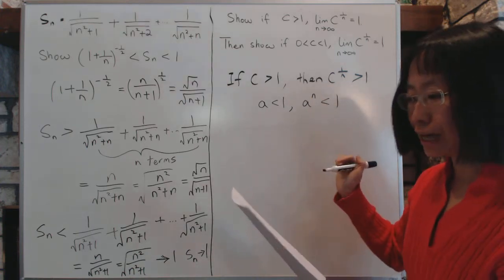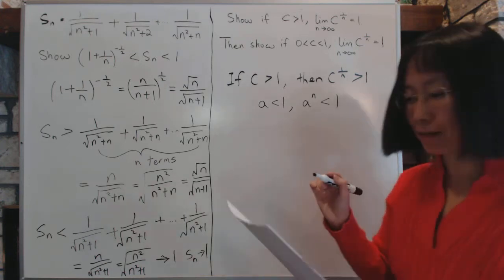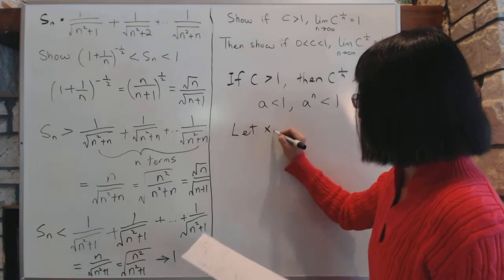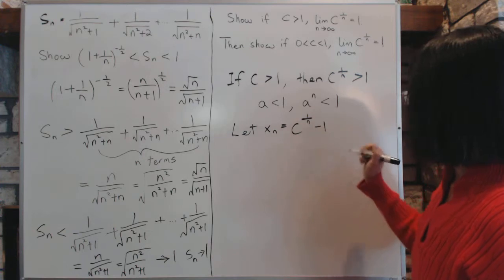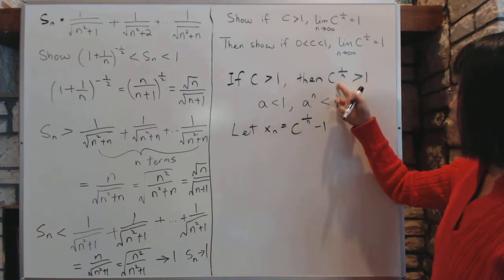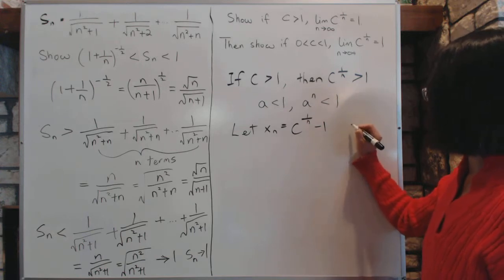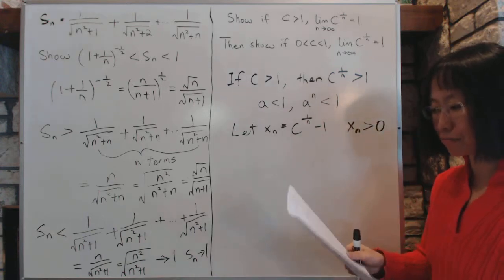Okay, so here's the trick that we pull. We let xn equal c to the power 1 over n minus 1. And notice that because c to the power 1 over n is bigger than 1, this thing is going to be bigger than 0. So xn is positive, so we don't have to worry about anything weird happening.